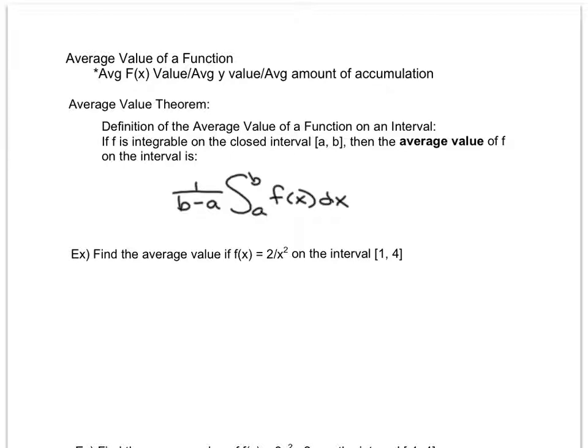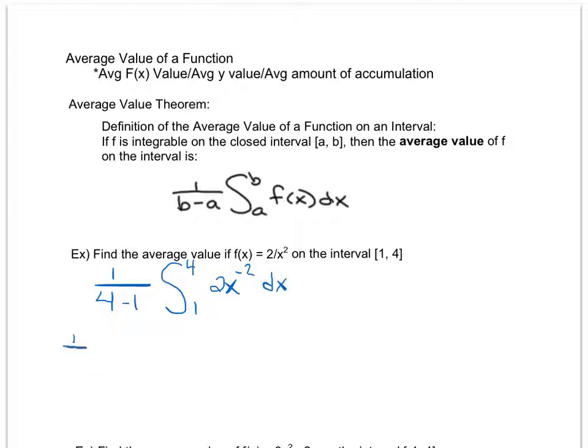So let's look at 2 examples. In the first example, I'm finding the average of this function here, 2 over x squared, and I'm going from 1 to 4. So all I'm going to do is 1 over 4 minus 1 times the integral from 1 to 4 of my function. I'm going to anticipate that I'm not going to be able to integrate with that division bar, so I'm going to change this to 2x to the negative 2 dx.